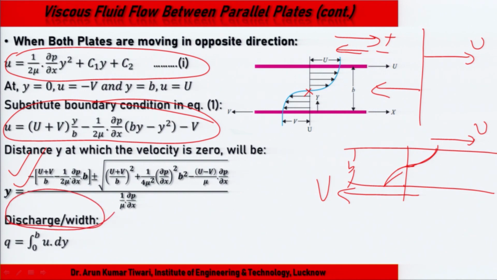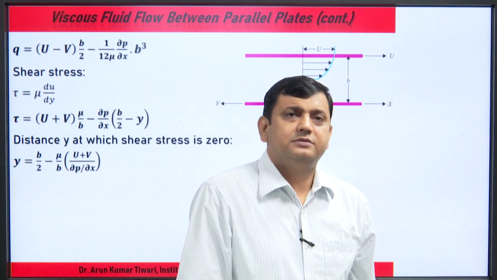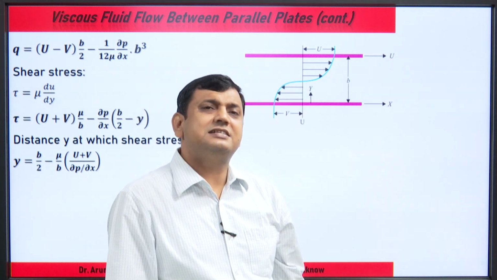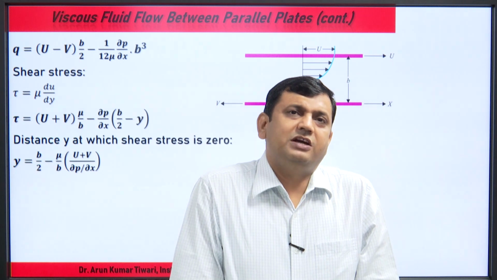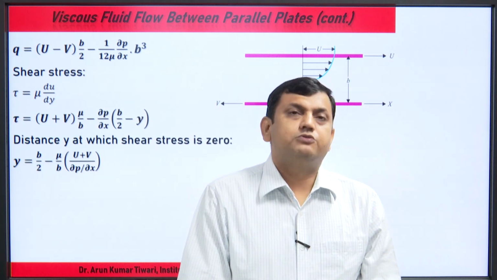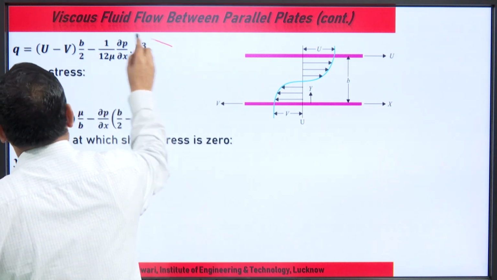How do we calculate? In a similar way, integral of u dy from 0 to b. If you solve, you get q equal to (U minus V) b by 2 minus 1 upon 12 b cube del p upon del x. This is the fundamental.